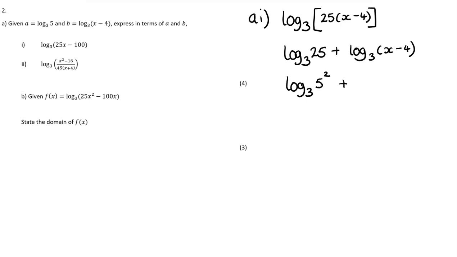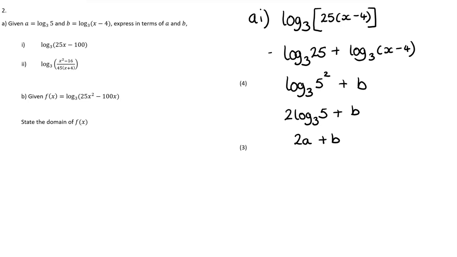Log to base 3 of x minus 4, as we said, we can just now call that b. And then log to base 3 of 5 squared. Now, why I wanted to write it like this is I can use that power law to bring that 2 to the front. Again, we're basically doing the opposite of what we do in the first question. So bring that 2 to the front, and log to base 3 of 5, well, I can call that a.